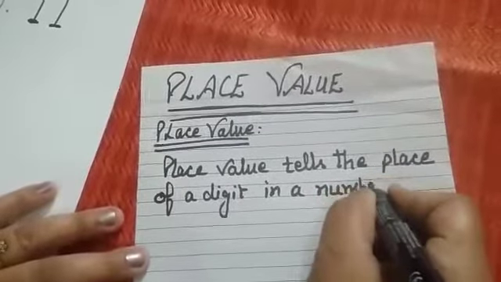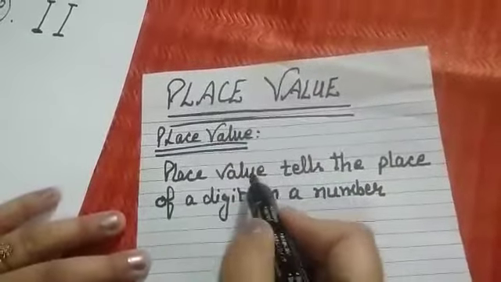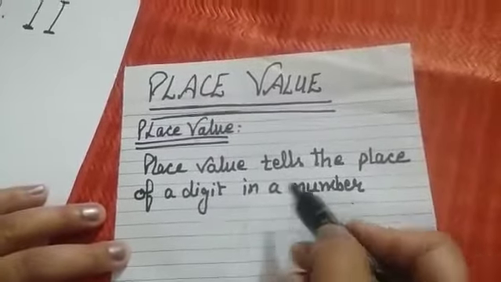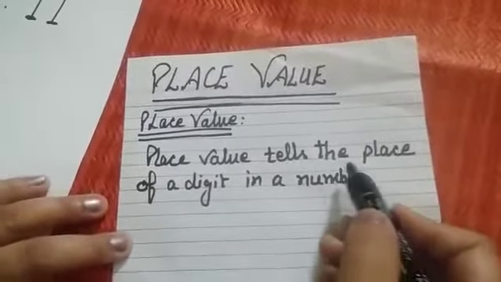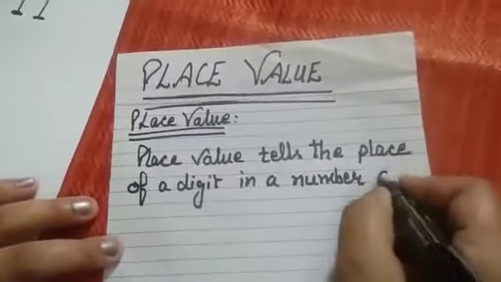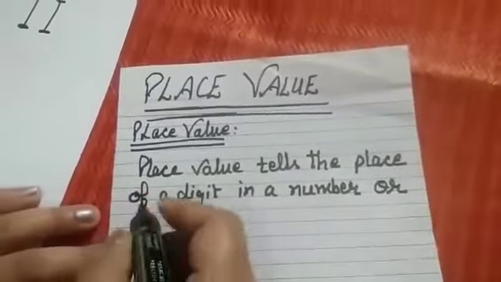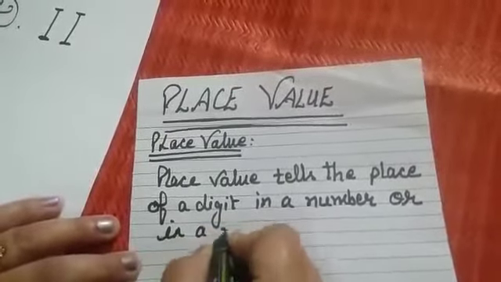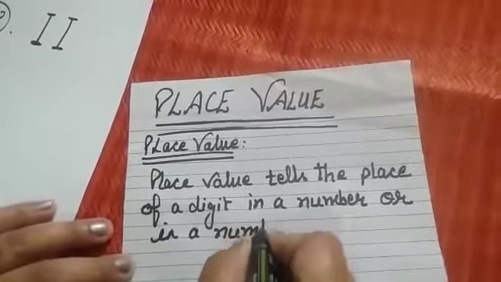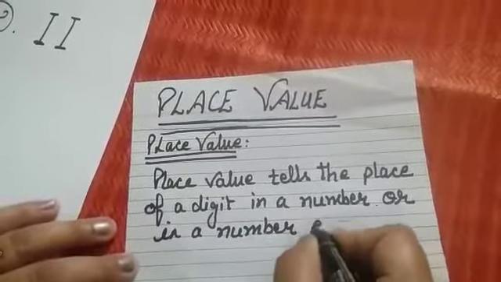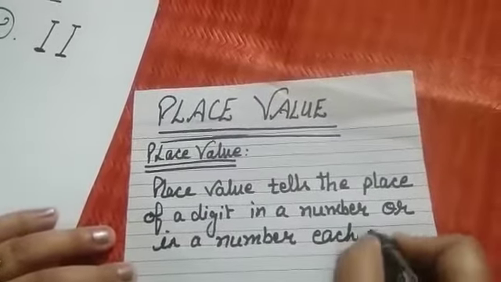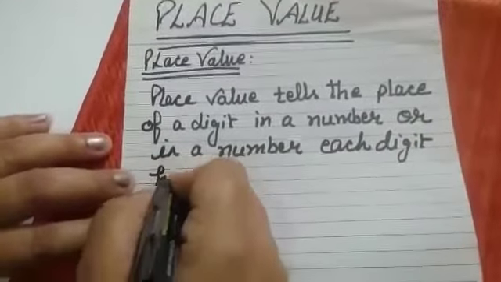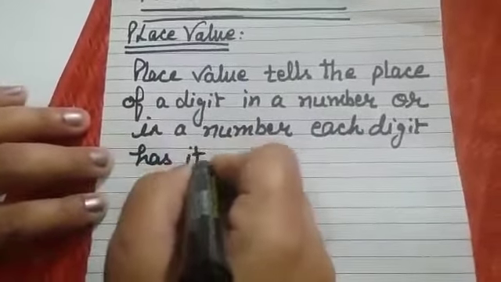What do you understand, beta? Place value tells the place of a digit in a number. कि number में किस digit की कौन सी place value है. Or you can say in other words, in a number, each digit has its value. Right?